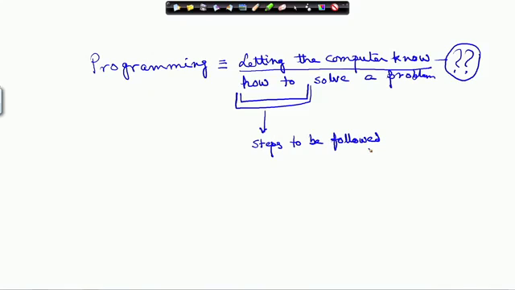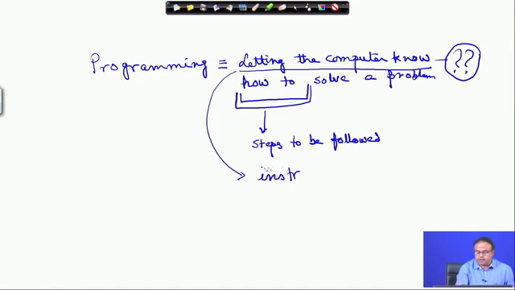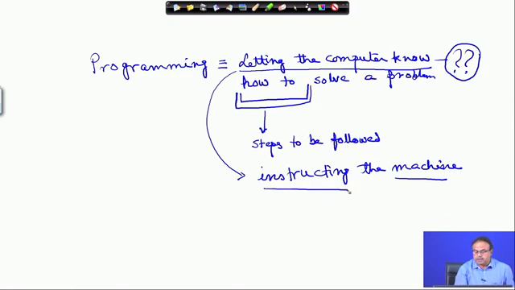Often informing the computer is also known as instructing the machine. The machine is nothing but the computer itself, and these are the computer instructions. A program therefore consists of a number of instructions to be executed.